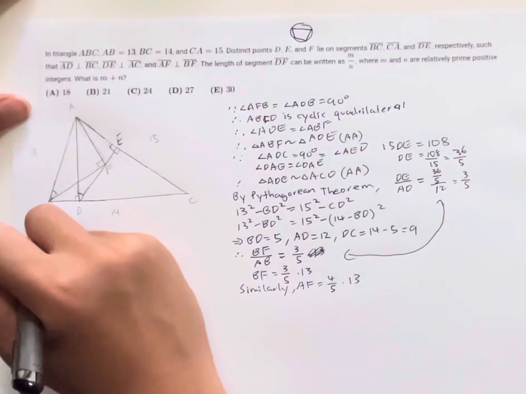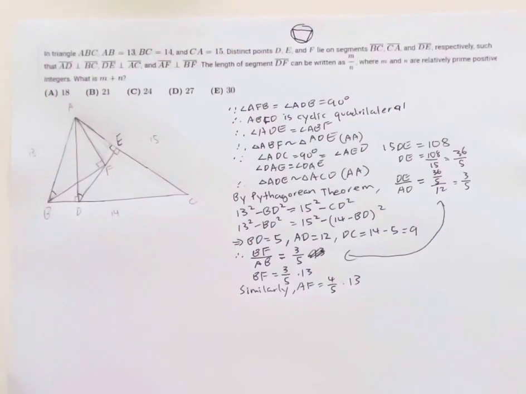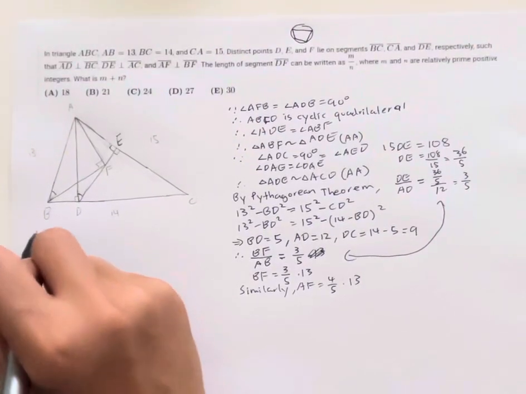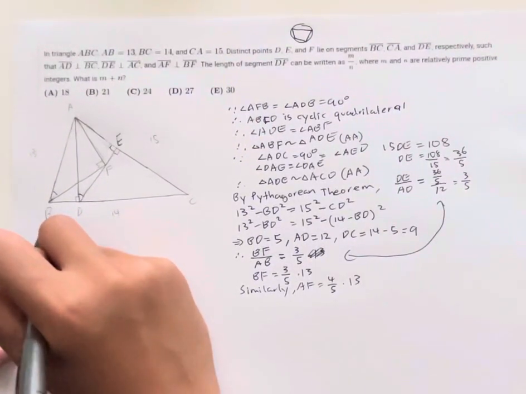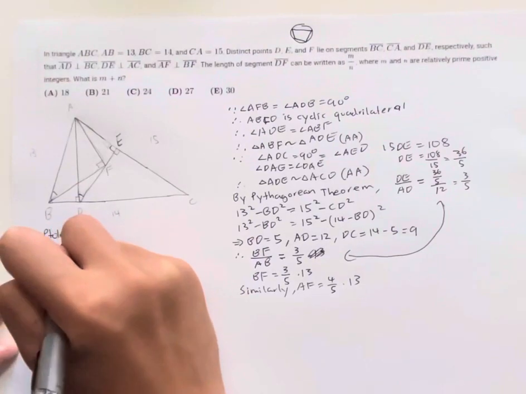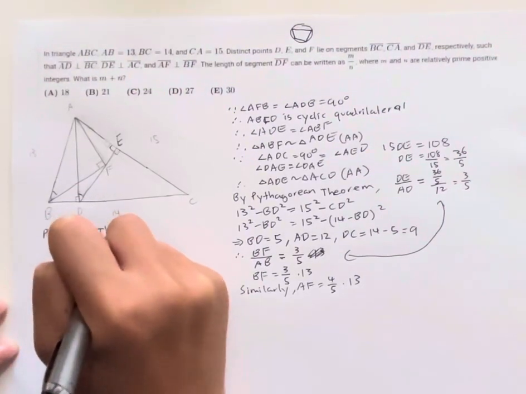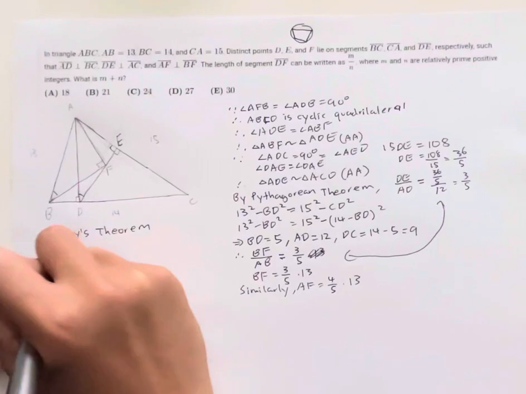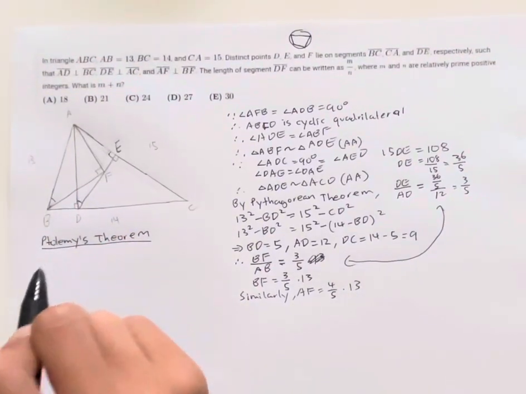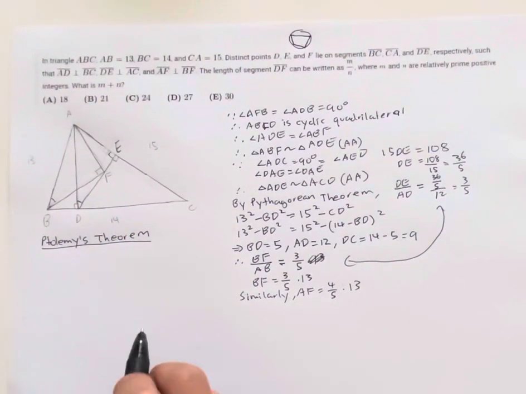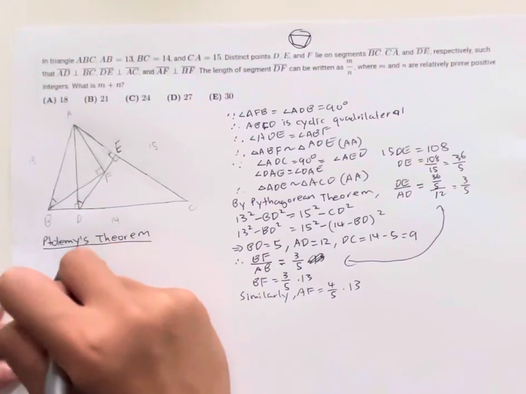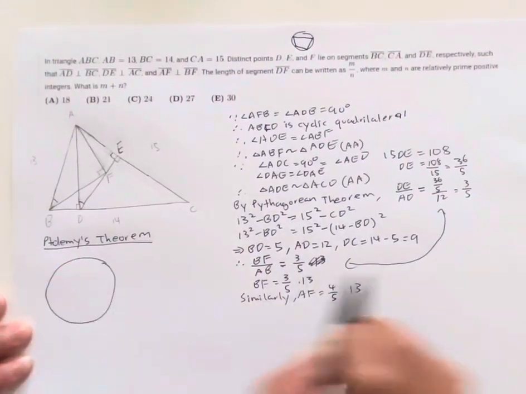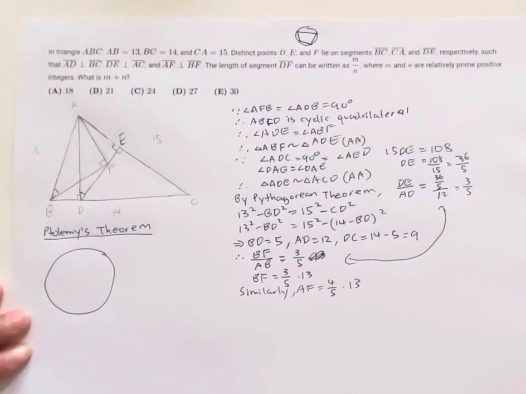So what is Ptolemy's theorem? Well, it basically means that, say we have this circle, and then we have a cyclic quadrilateral inside.